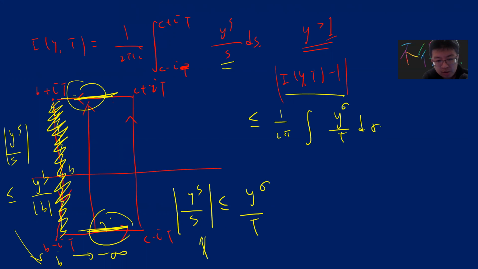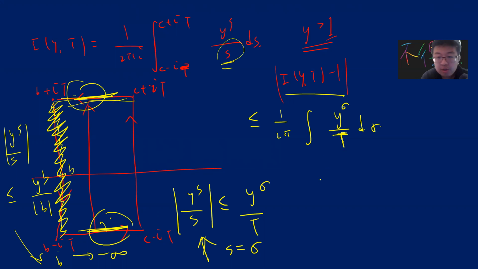Okay, this just means that s is sigma plus it, because in this case it's just a line, so it's the same as a real integral. And I bound the absolute value of s by t.